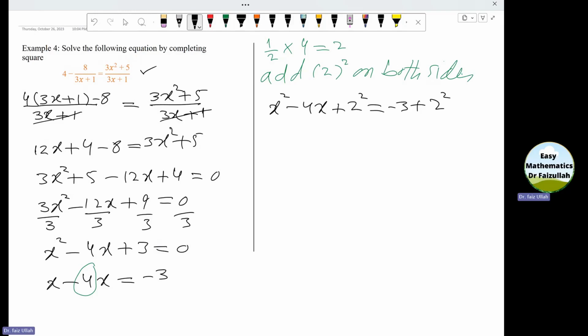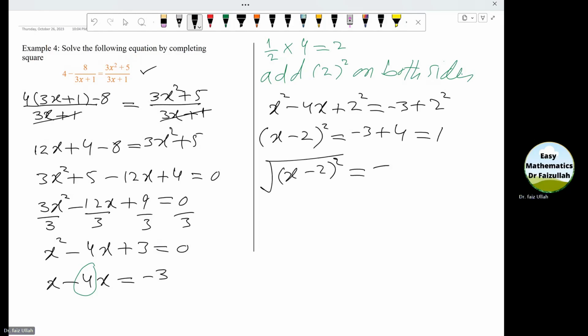Now left hand side is equal to x minus 2 whole square. And from the right hand side we have minus 3 plus 4, which is equal to 1. Now taking square root on both sides, we obtain plus minus 1.